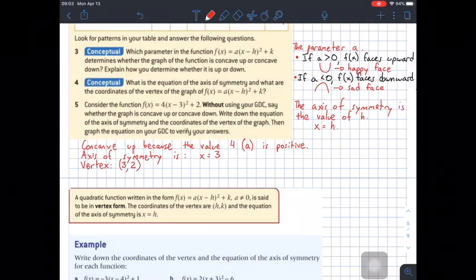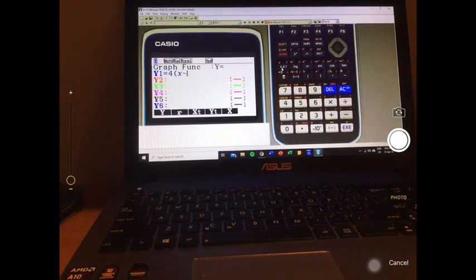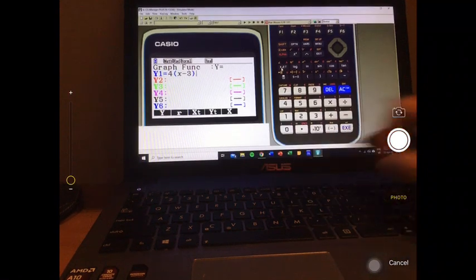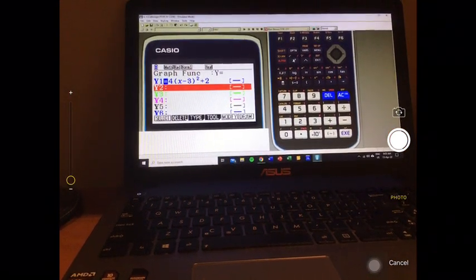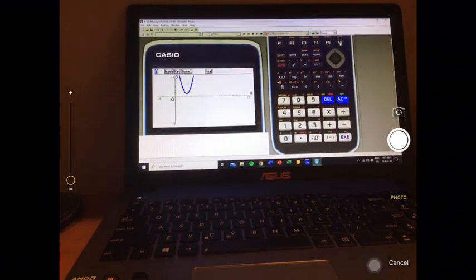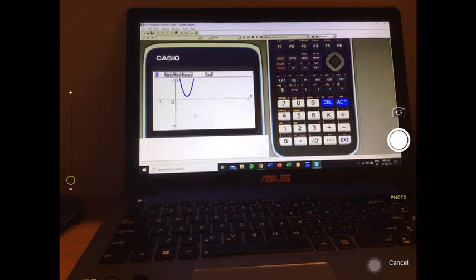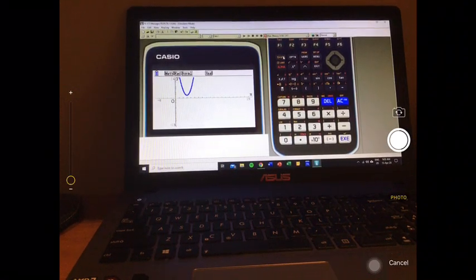Minus 3 squared plus 2. Okay. X minus 3 squared plus 2. If you draw this, it's f6. You see that? Could zoom in here. Okay, we're gonna leave it like this.